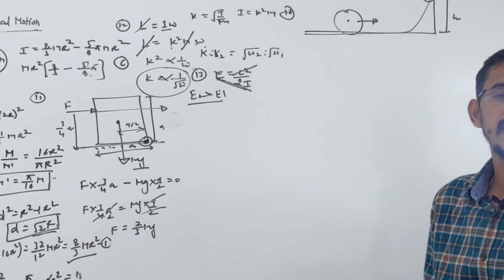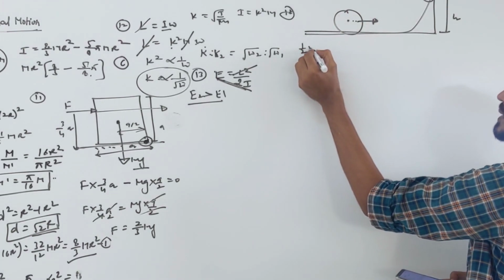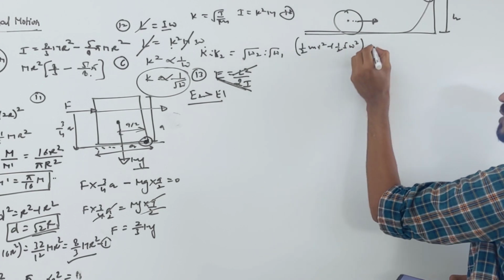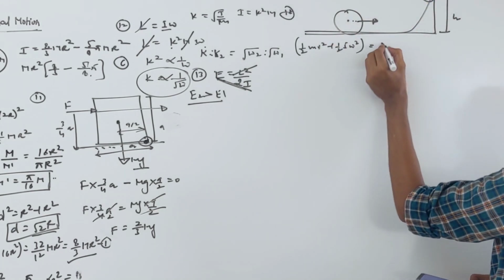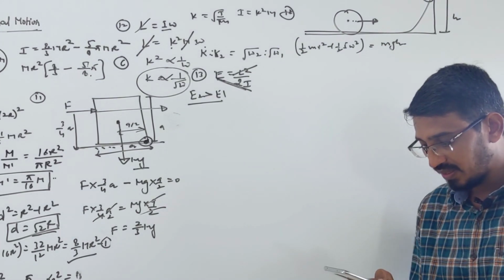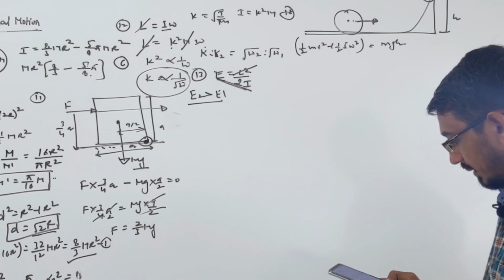When rolling, it has rolling kinetic energy. So what is the energy at this point? Rolling means half mv square plus half I omega square. It has translation plus rotation. That energy is converted simply to potential energy mgh, and that h we have to calculate. Linear velocity is given, right?